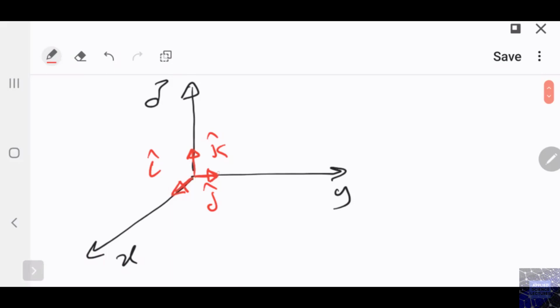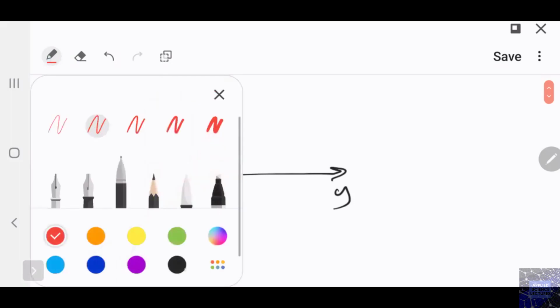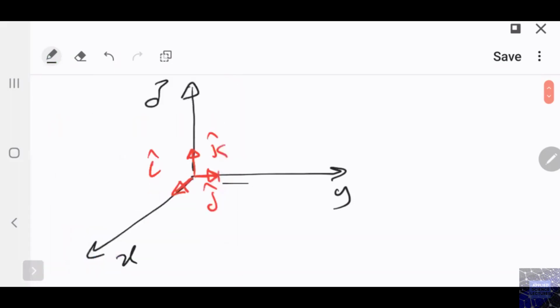So if I'm now to put the scale 1, 2, 3, 4 on each axis.